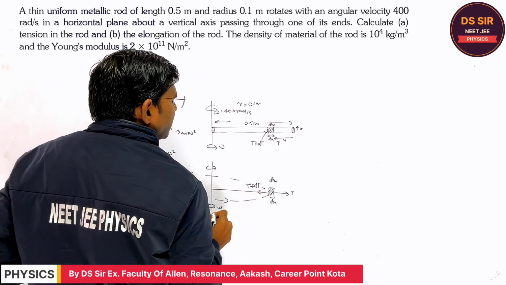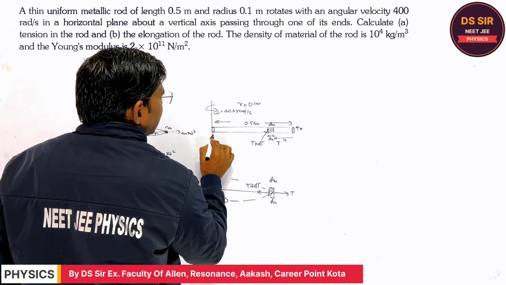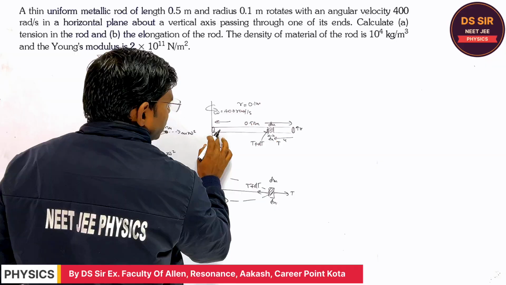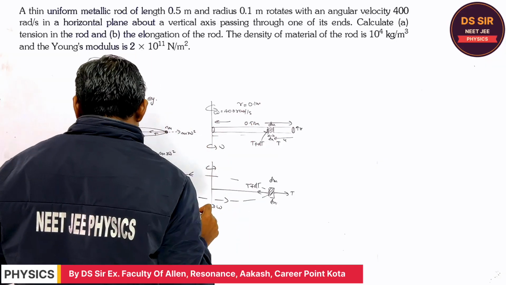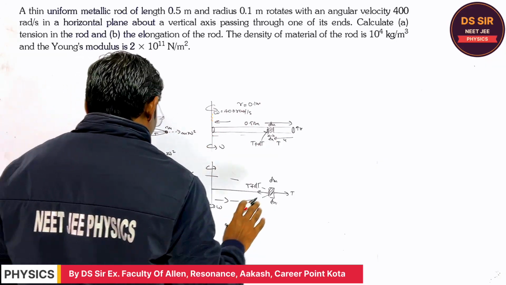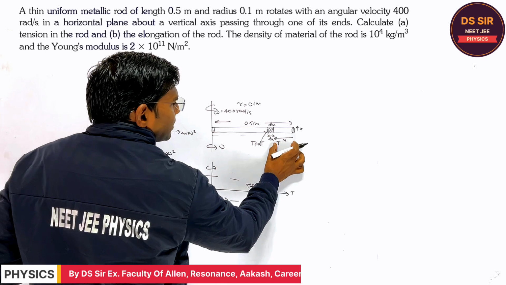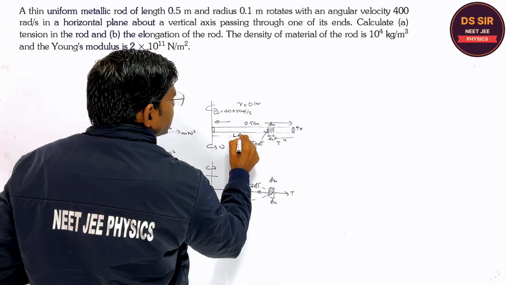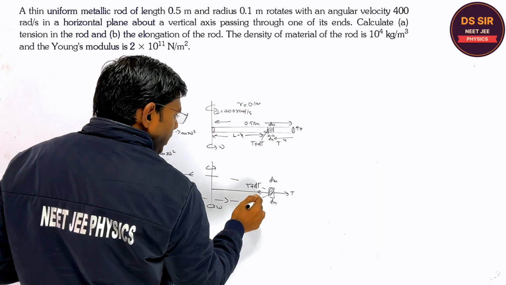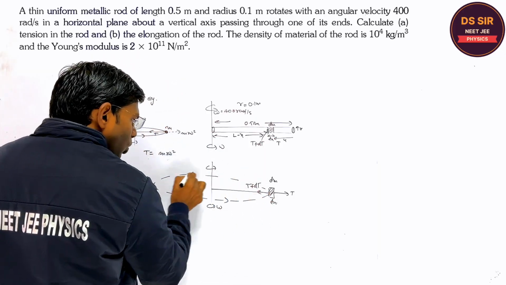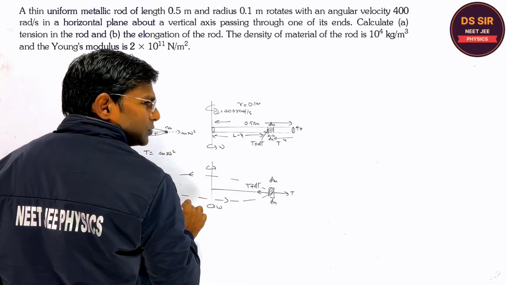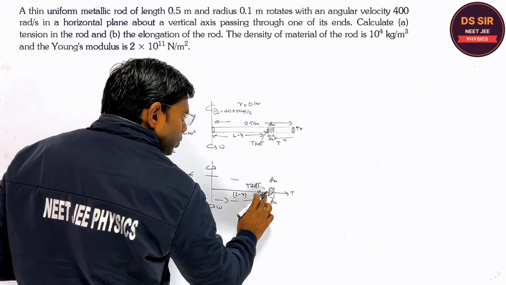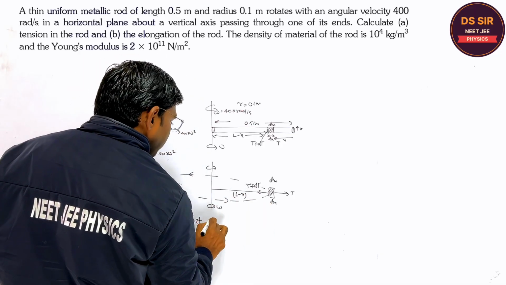What is the distance? The distance x is taken from this end, while r is taken from here. No problem, you may write the distance x from here. So this distance is L minus x. It is rotating in a circular path, and the radius is L minus x, right? So what is the net force toward the center?